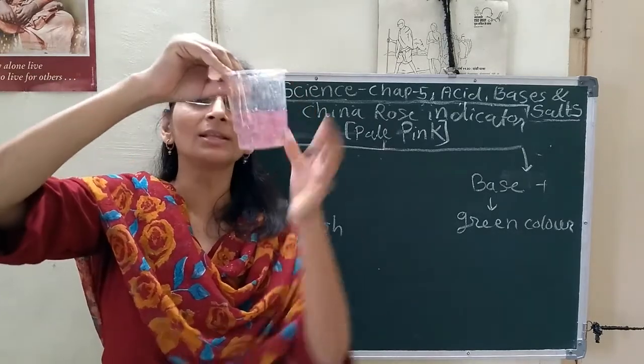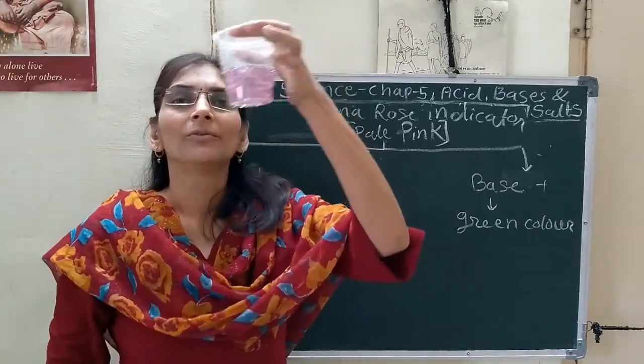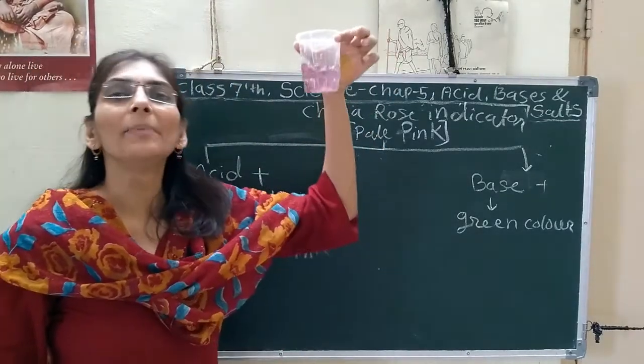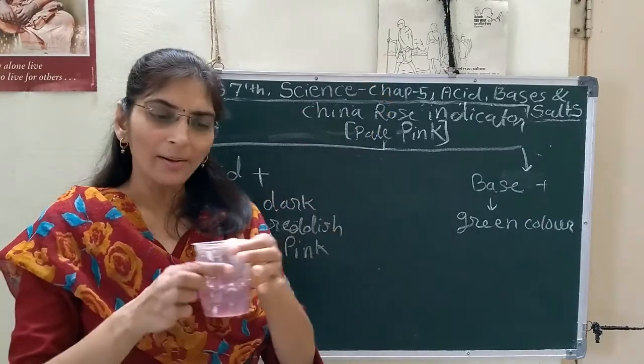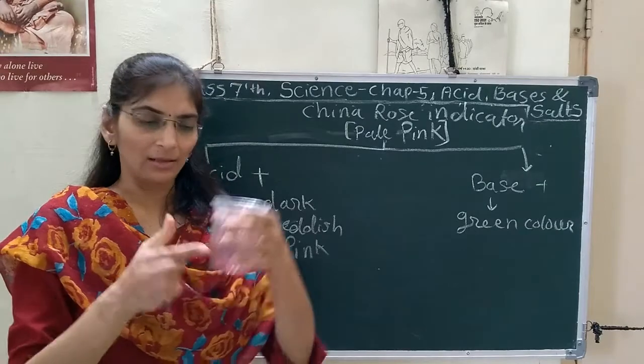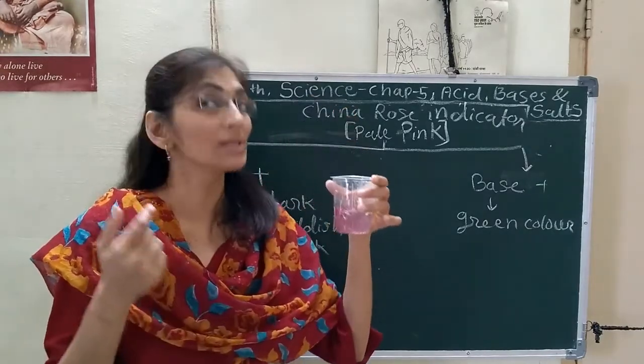After crushing these China roses, you will get a pale pink color solution, and then filter that solution with a filter, and then you will get the China rose indicator.